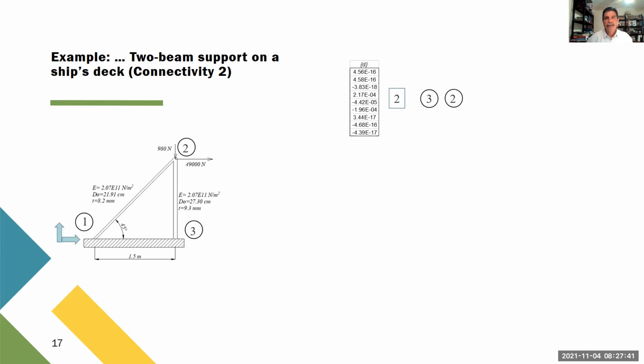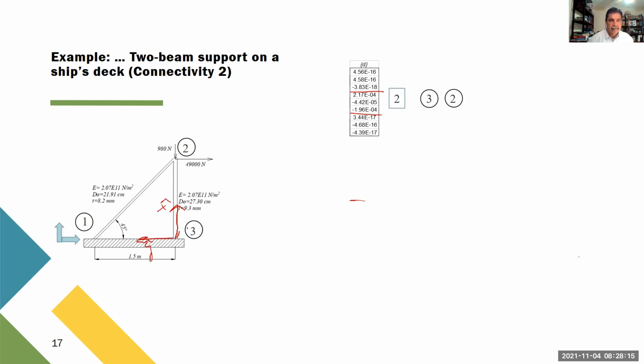Okay, so I'm going to show you the calculations for the second element, which is different from the previous example. These are the displacements of the three joints. We remember that in this case, element 2 goes from here to there.